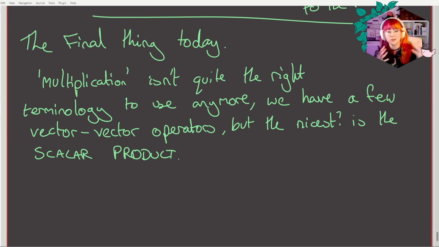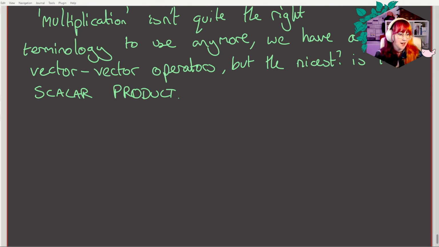So weirdly, the vector-vector multiplication, and I use that term really loosely, is what's called the scalar product, which feels ironic, but we'll go with it. So you can define that element-wise, but it doesn't always make sense.